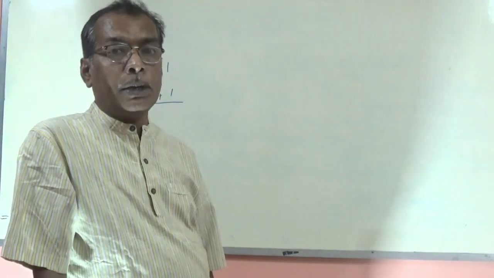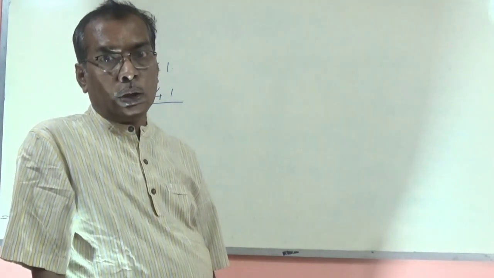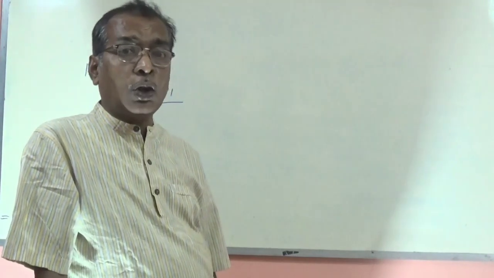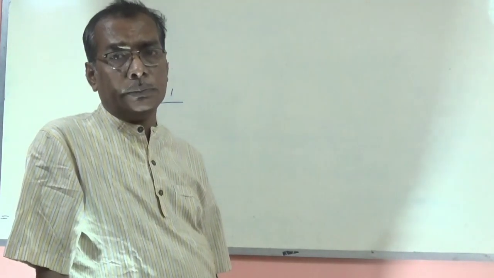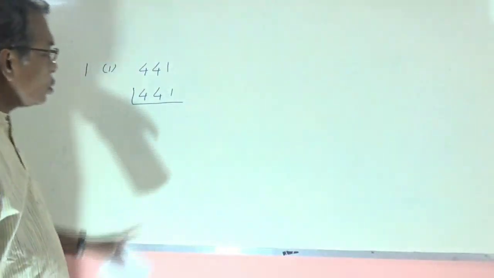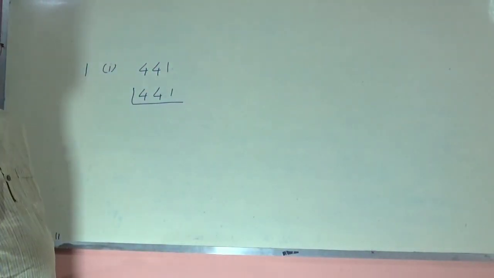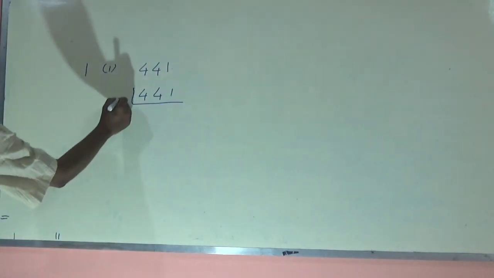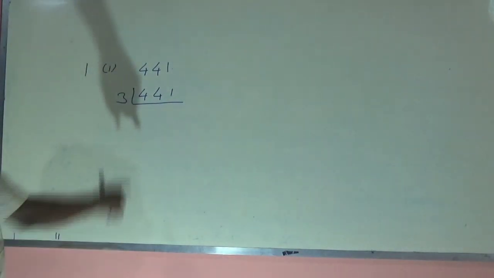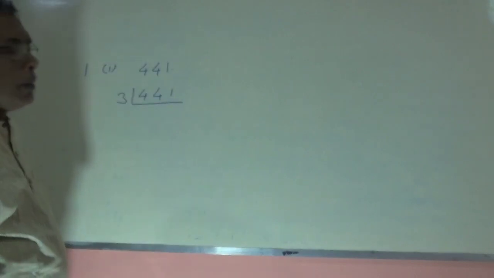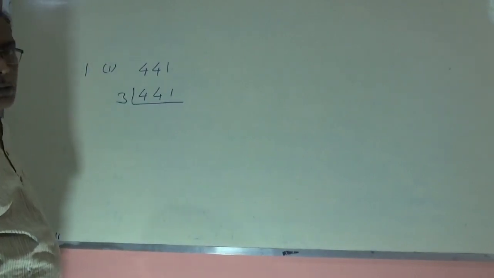The smallest prime number is 2. And this is a very unique number. What is the uniqueness of this number? This is the only prime number which is even. By the way, you have to start these divisions by the smallest prime number. Say suppose the first prime number is 3. I am finding 4 plus 4, 8 plus 1 is 9. 9 is divisible by 3, so definitely this number should be divisible by 3.